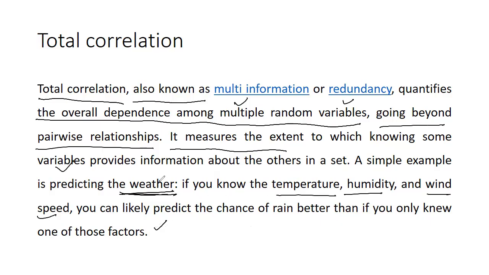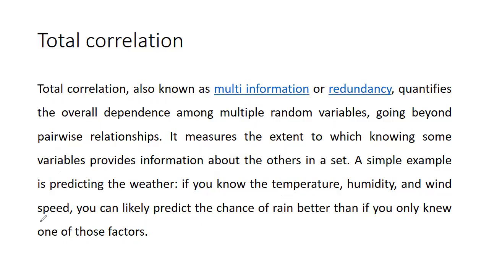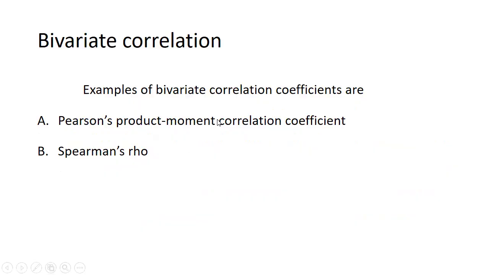Is it clear? So, here the multi-information, through this information, we can predict whether there is a chance of rain or not. Now the bivariate correlation. Bivariate correlation is simply the correlation between two variables.